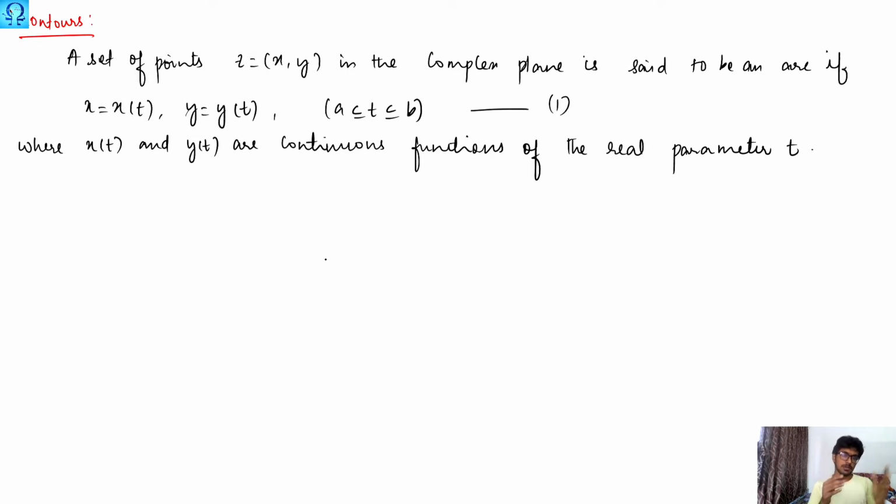From this definition you may notice that a complex value is said to be an arc if the coordinates are functions of some real parameter t.